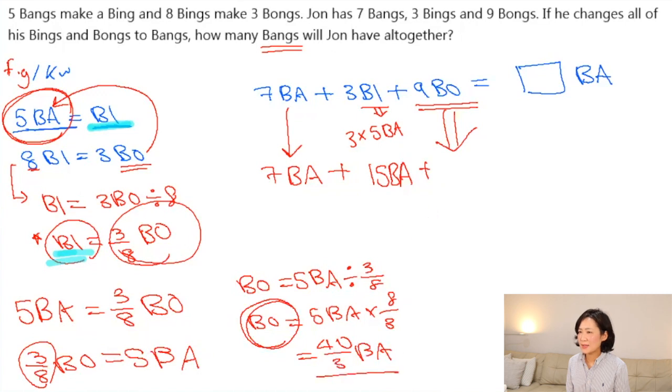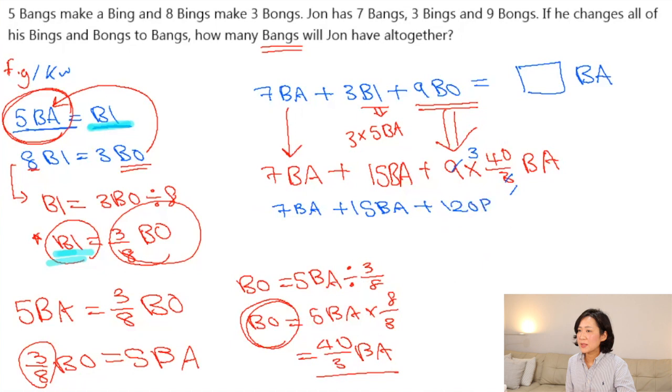That gives you 40/3 banks. Now 9 times 40/3 banks, let's simplify it, that gives 120 banks. So let's organize it. 7 banks plus 15 banks plus 120 banks.